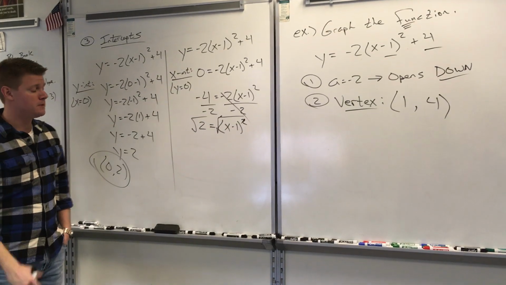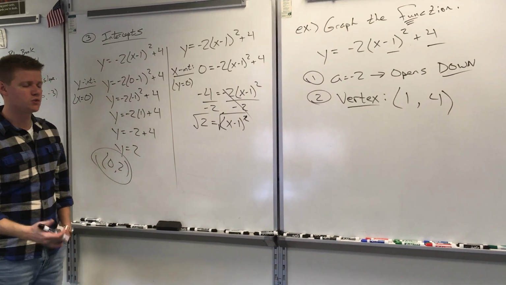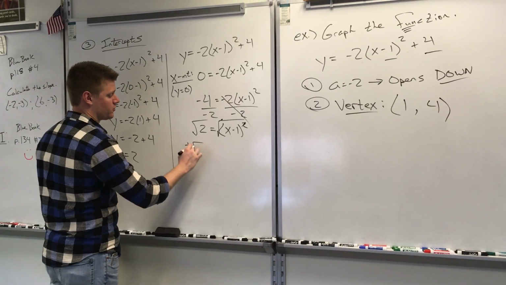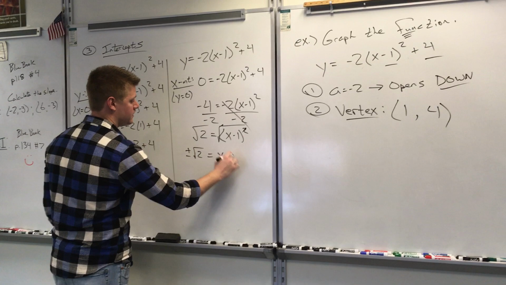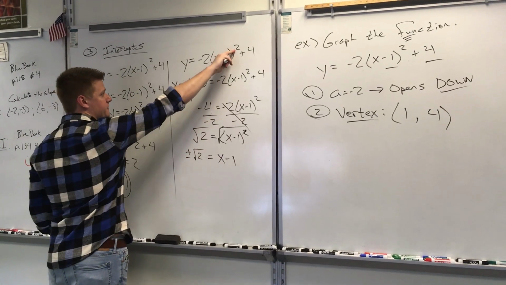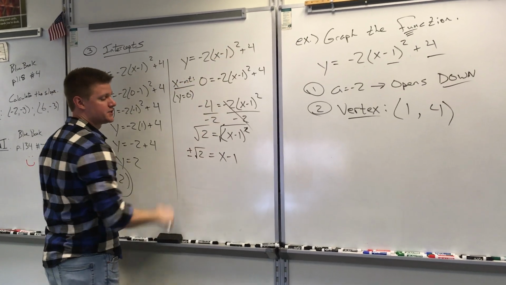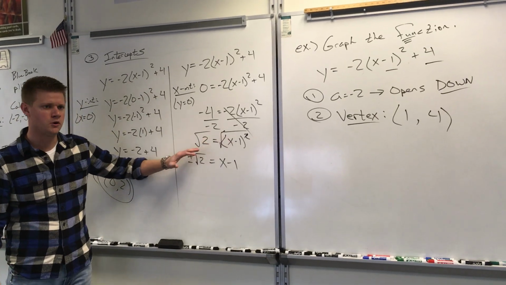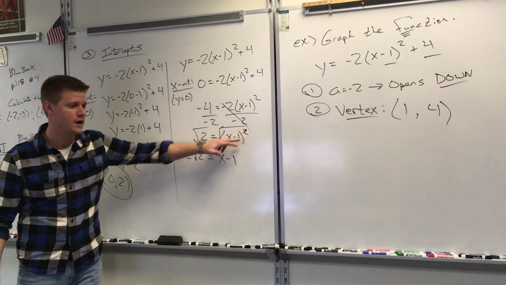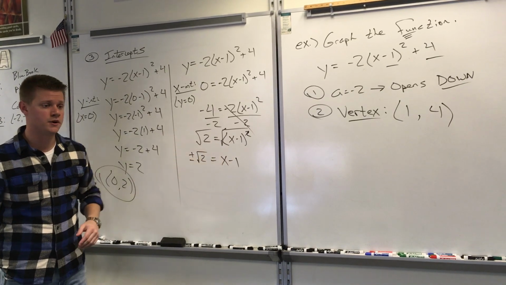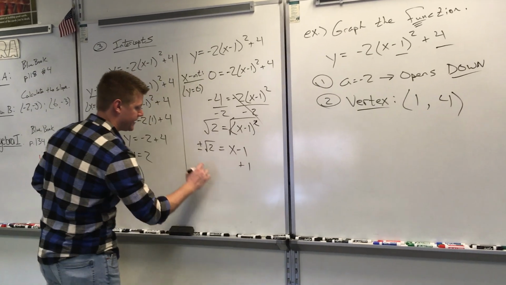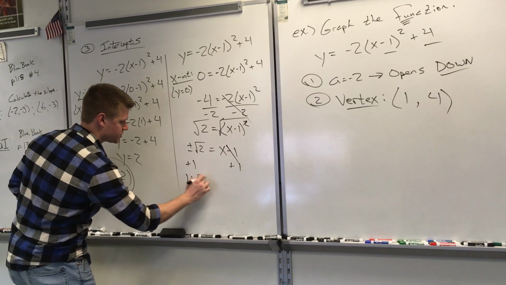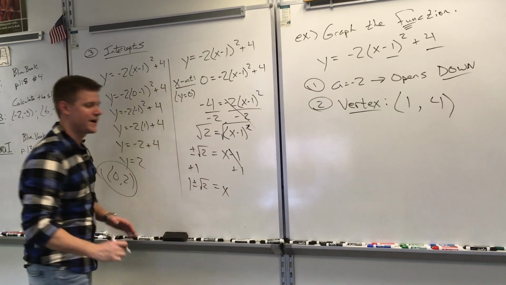Now, remember, when we take a square root in an equation, I must remember plus and minus, and remember the reason for that. Degree of 2, I have to expect 2 intercepts, and that's what that plus and minus does for us. So again, square root of both sides to get rid of the square, and now all we have to do is add 1 to both sides. So my final answers, 1 plus or minus the square root of 2, are our x-intercepts.